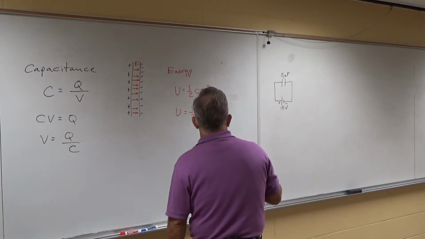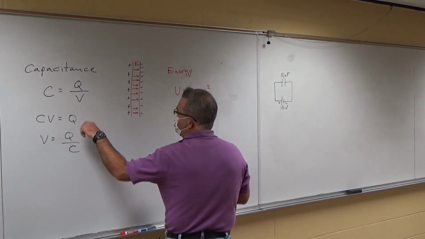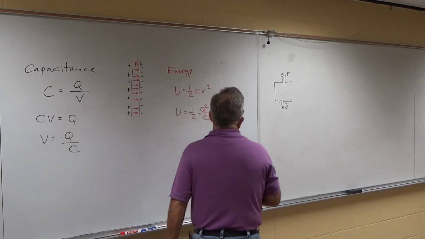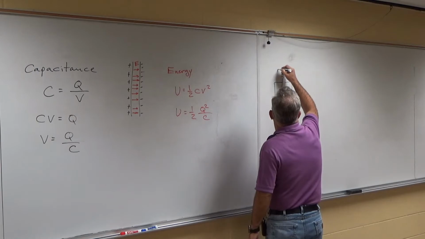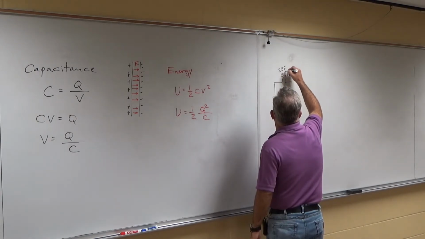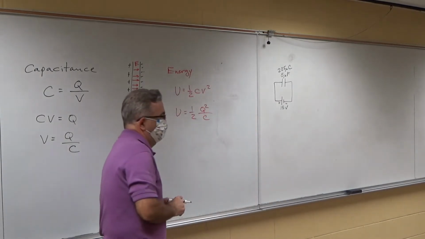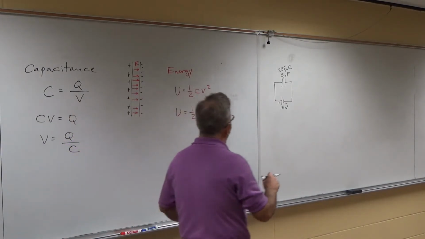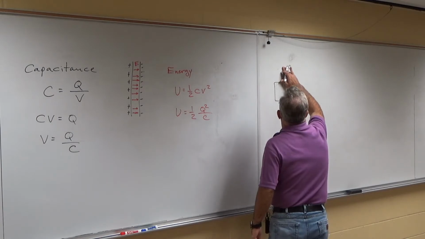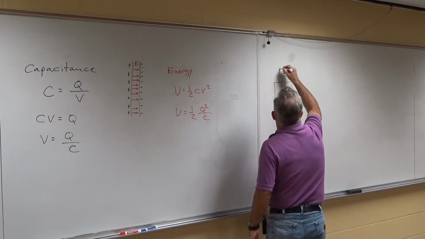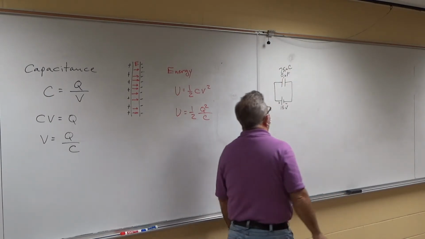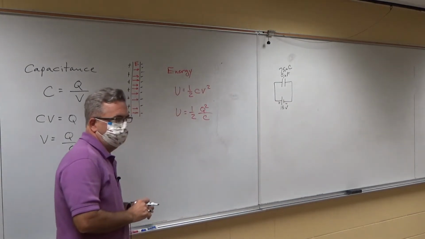If you have 15 volts and 5 microfarads, the charge is CV. So this is 225 microcoulombs, right? 75. I'm thinking 15 times 15. Okay. 75. Thank you.